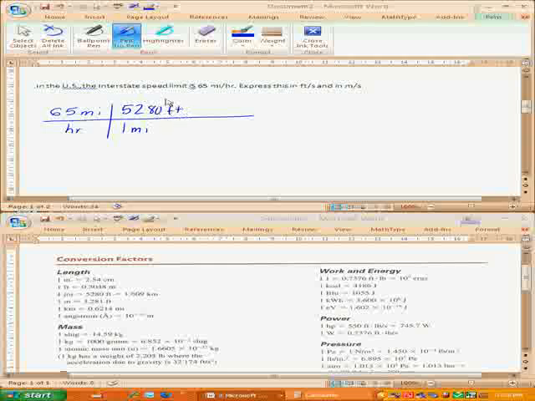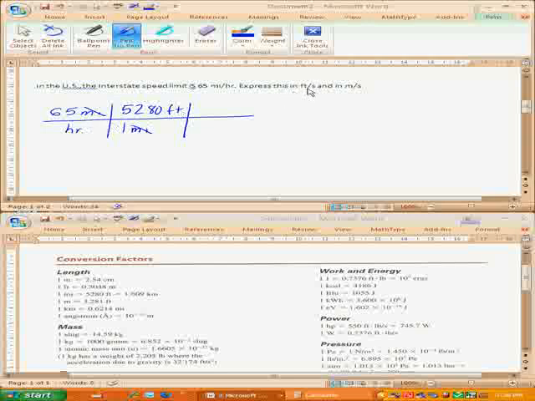Again I created this ratio that's 1. It doesn't matter which one's on the top or on the bottom mathematically. However, I want the miles to cancel out, so I put the 1 mile on the bottom and the 5280 feet on the top. Now those will cancel out, and I will have feet per hour.